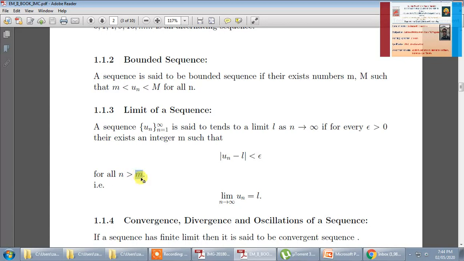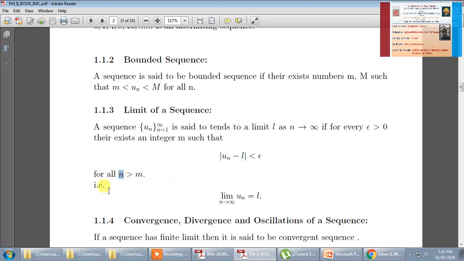So you are supposed to find such an m. m may be 1, m may be 2, m may be 5, m may be 100. Suppose m is 100. Then what is greater than 100? It is 101, 102, 103.